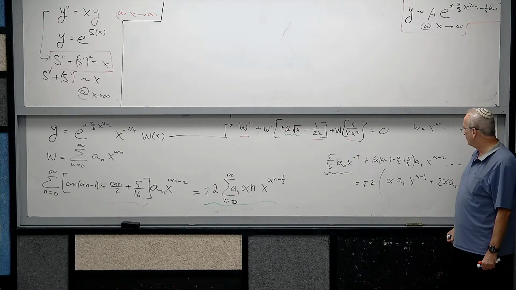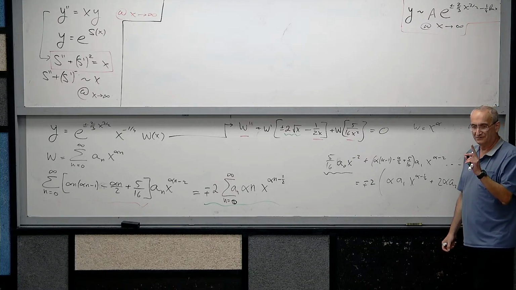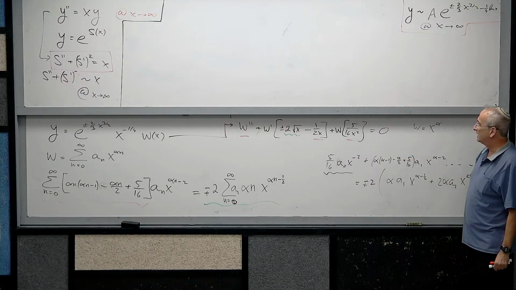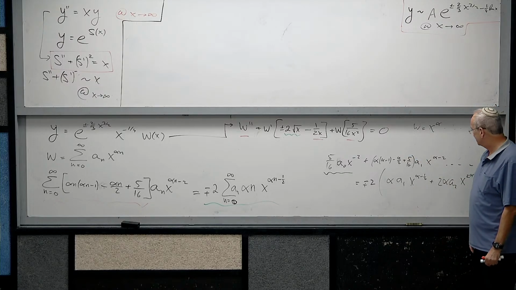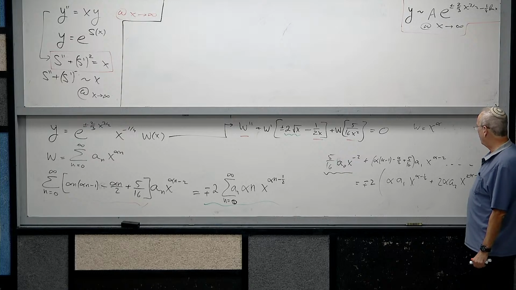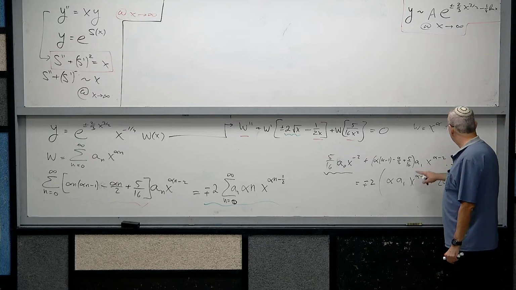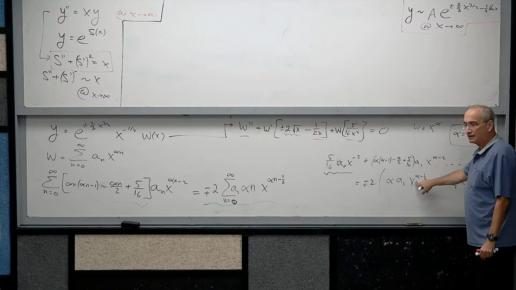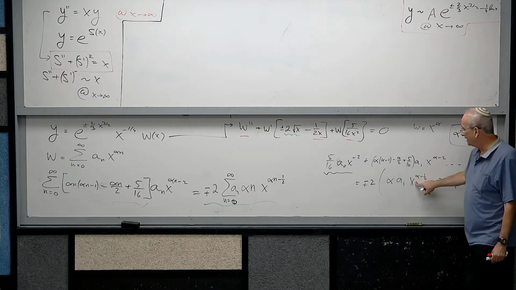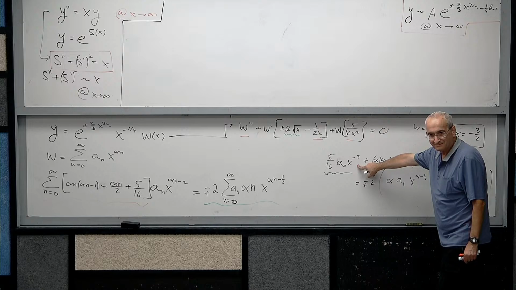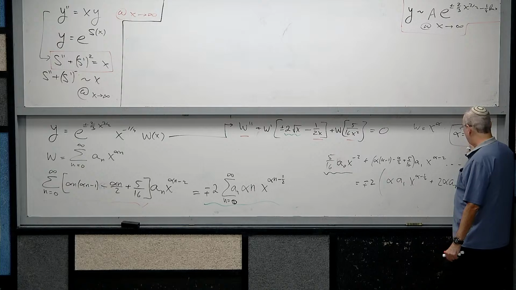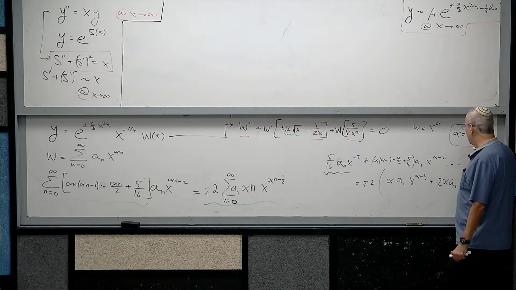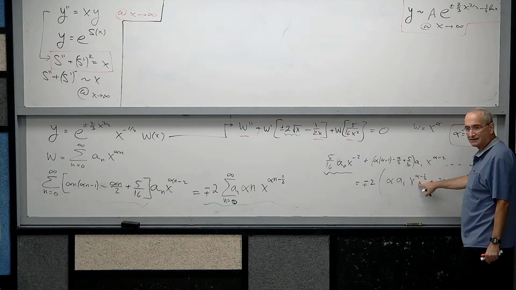A2. Now I have to choose alpha. Which alpha is going to balance this term? My only option is to choose alpha to be minus 3/2, because then this will be x to the minus 2 and it will cancel that. You see, if alpha is minus 3/2, then this is x to the minus 2, and this is x to the minus 2.